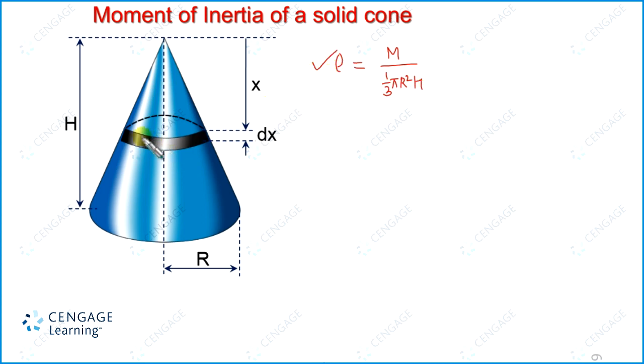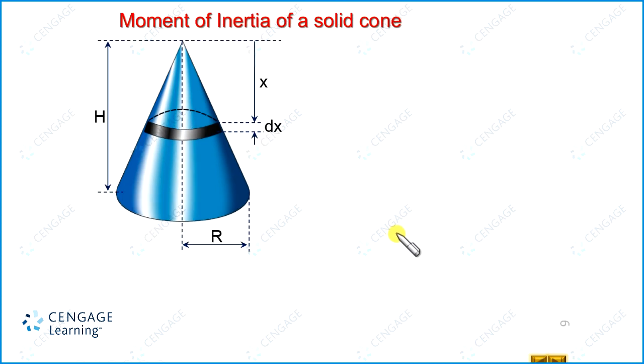Now we can calculate the mass of this elemental disk, that is dm equals density multiplied by volume. Volume equals pi r squared dx, that is the volume dV, multiplied by rho, right? So we can write this relation.